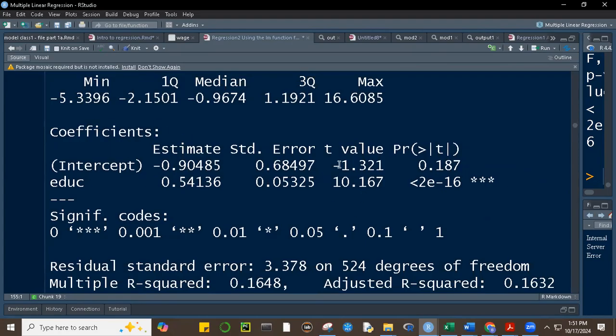Under coefficients, you also have the standard error. Under coefficients, you have the t-value and even the p-value. So if that's the case, can you extract the standard error and the t-value from the model 1 regression output, class? I'll give you a few seconds to try to figure that out. You can, of course, Google. Check if you can extract the standard error of the intercept and the standard error of the slope from our model output in R.